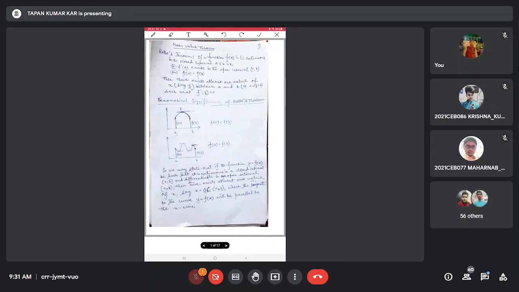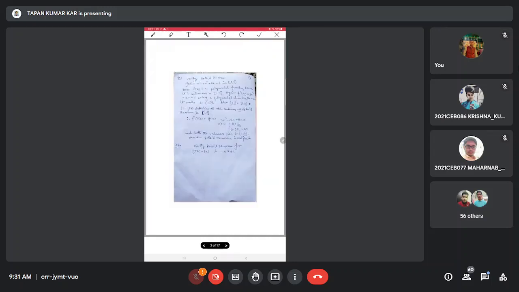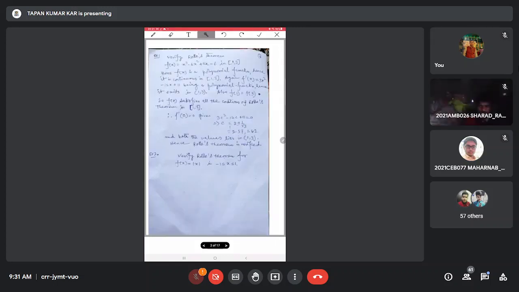So these are theorems and some questions that I have solved. For example, verify Rolle's theorem in the plane. So here the interval is 1, 3. Check whether it is continuous or not.